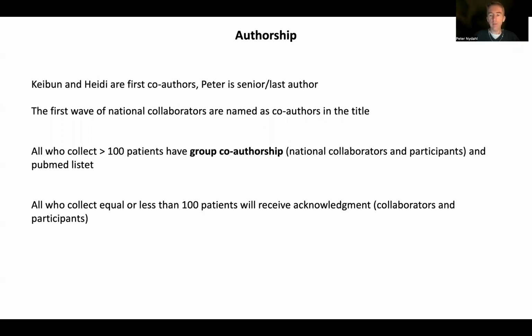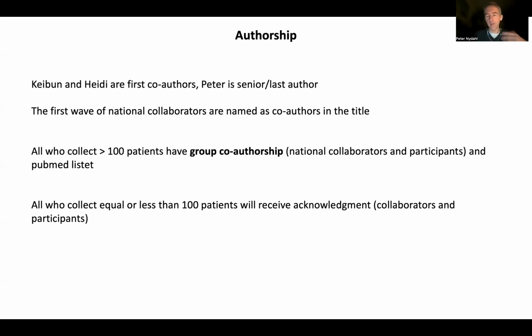National collaborators and participants both have to collect more than 100 patients, and then you are PubMed listed, but your name is not in the title of the paper. We will name this the WDAD-Study Group. And all who collect 100 patients or fewer will receive an acknowledgement as collaborators and participants, if you put in your name in this acknowledgements section.